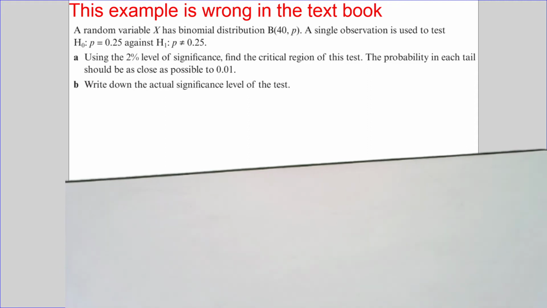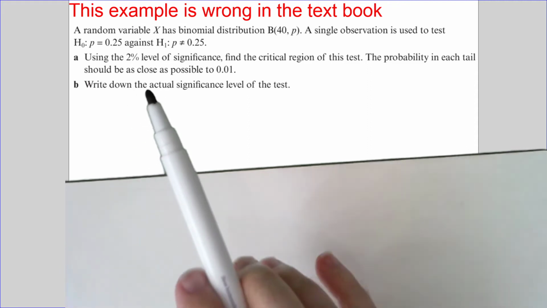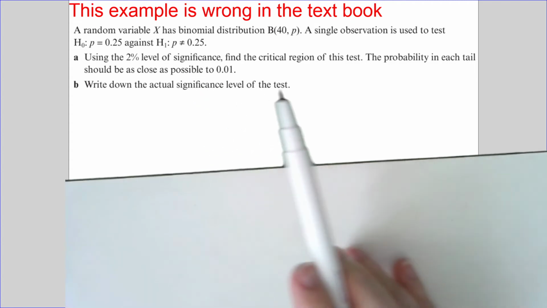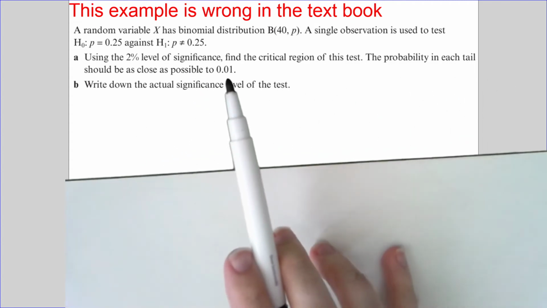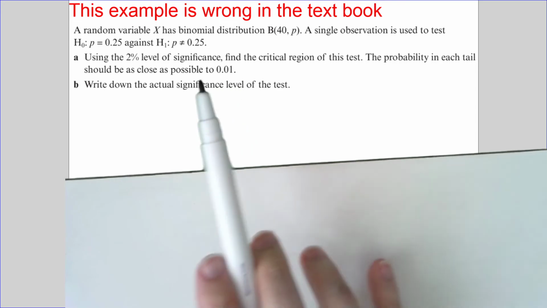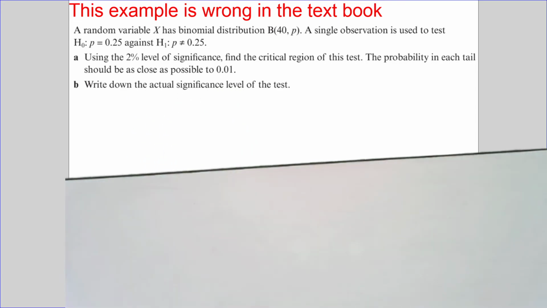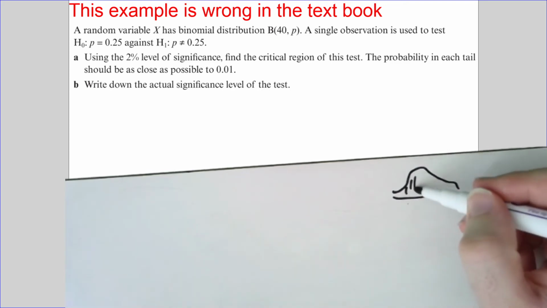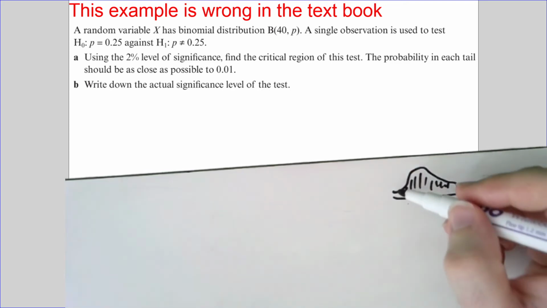So we've got our hypotheses set up here. We can see because we've got a not equal in here, this is a two-tail test. And they've said probability in each tail should be as close as possible to 1% to get 2% significance overall. So what we want is basically our shape here, made up of all the bars.